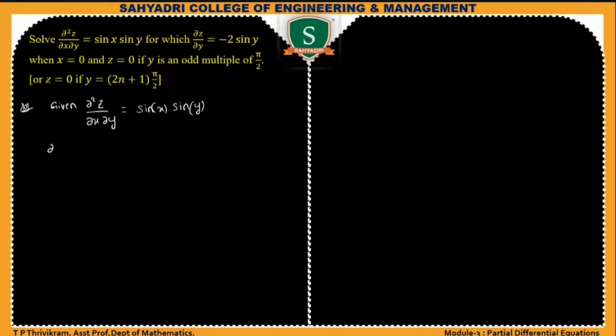I can write dou by dou x of dou z by dou y, and this is equal to sin x into sin y. Correct. So now what I will do is first integrate with respect to x.